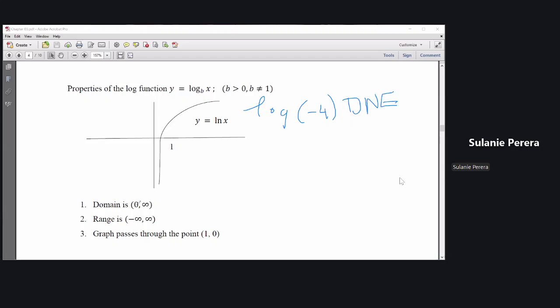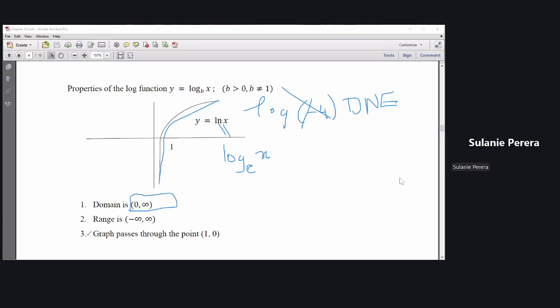So if we draw the graph of ln x, that is log base e, the domain is 0 to infinity. x can range from 0 to infinity. It cannot be negative numbers, right? Minus 4 is not defined.